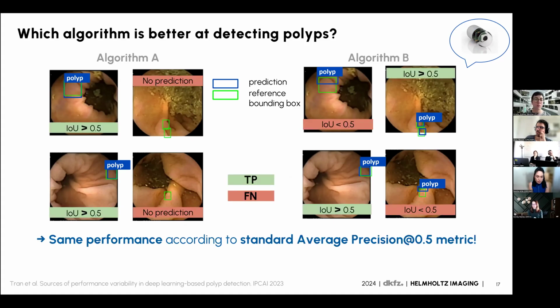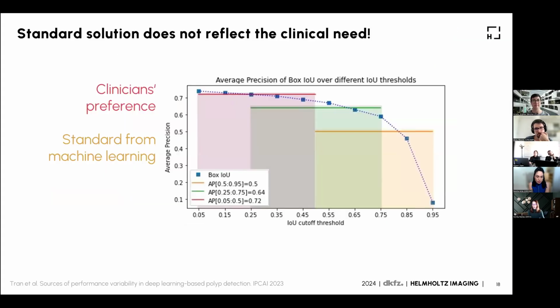However, with the standard machine learning localization threshold, both of them would yield the exact same score from the average precision metric, because this overlap would be interpreted the same as not predicting at all. And actually, in our study, we found that the clinicians' preference of overlap threshold diverges quite a lot from the standard in machine learning. So it's always about your problem and not looking at what everyone else is doing.